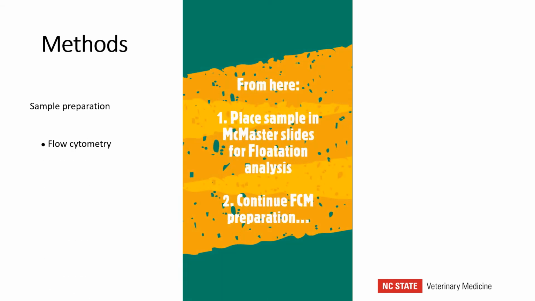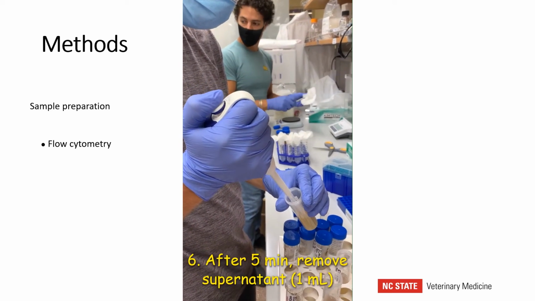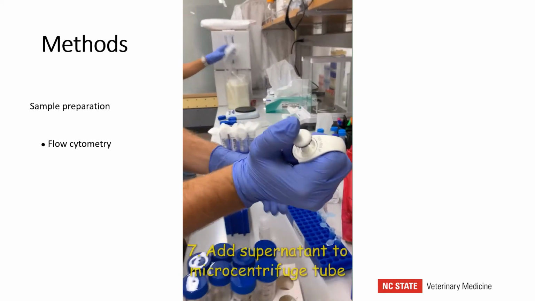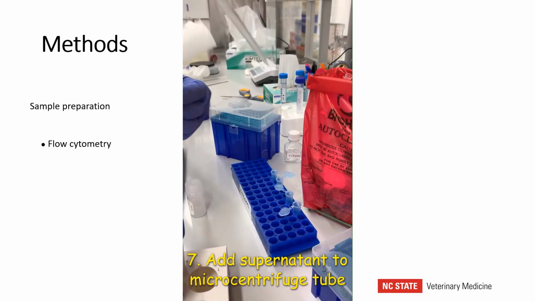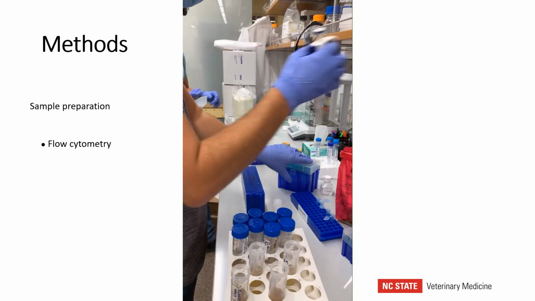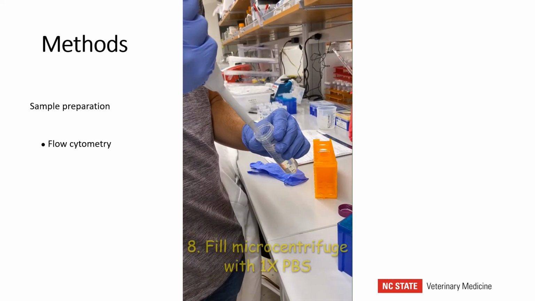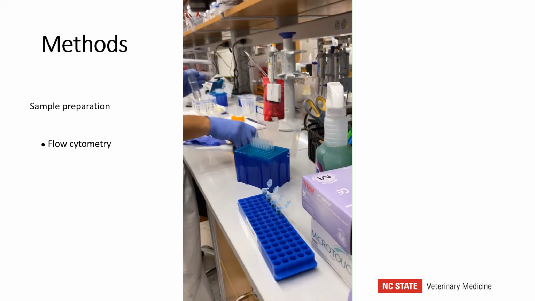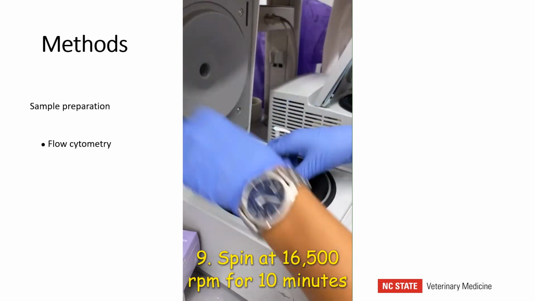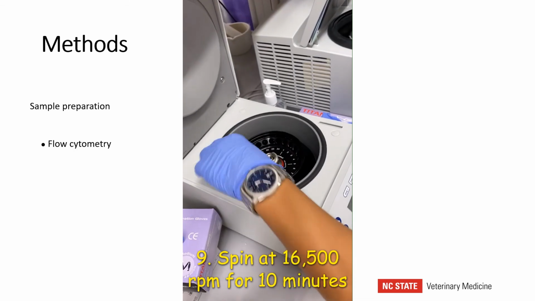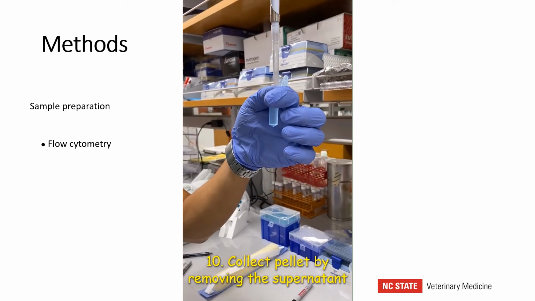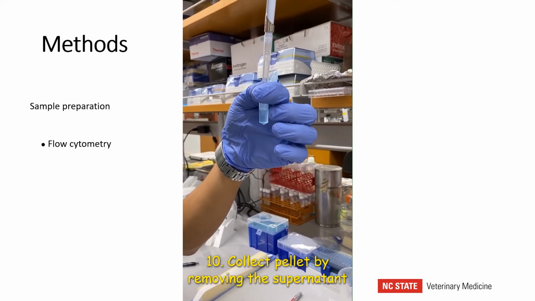From here, the samples are placed on the McMaster slide for flotation, and we continue processing for flow cytometry by removing the supernatant after waiting for 5 minutes. The supernatant is placed in a microcentrifuge tube, and we fill the microcentrifuge tube with PBS. Centrifuge for 10 minutes, and we remove the supernatant and collect the pellet.